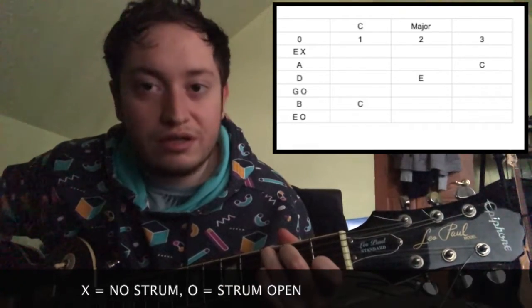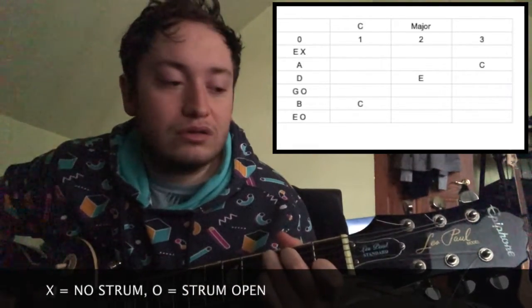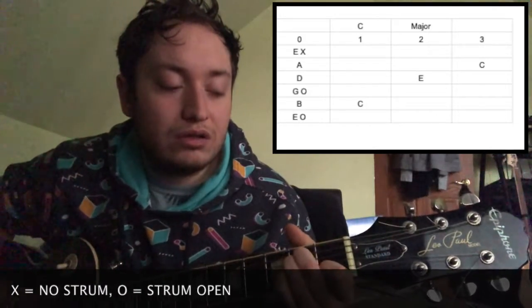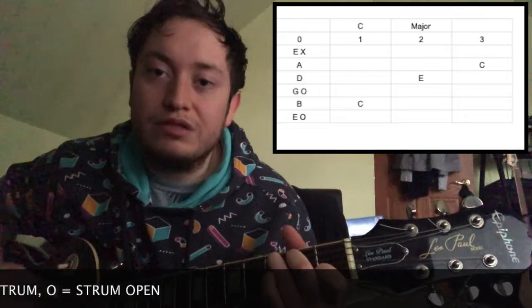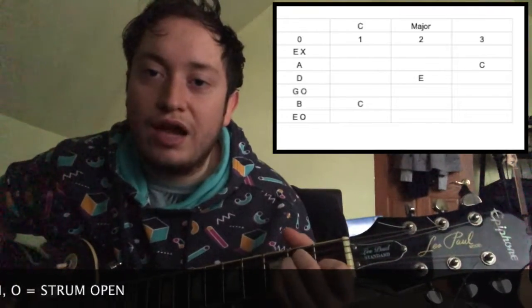So this is what it sounds like. Go on that C major to an A minor, if you guys are curious. Sounds like some Pink Floyd, Wish You Were Here stuff.